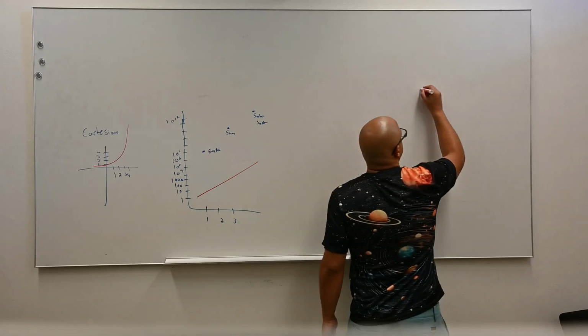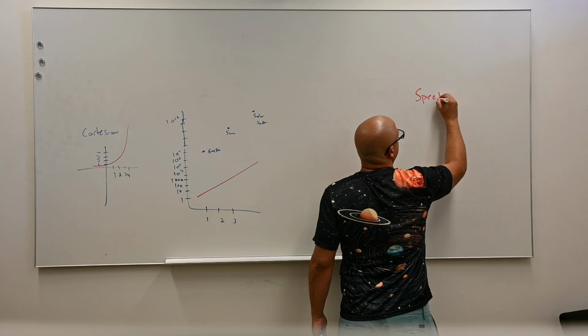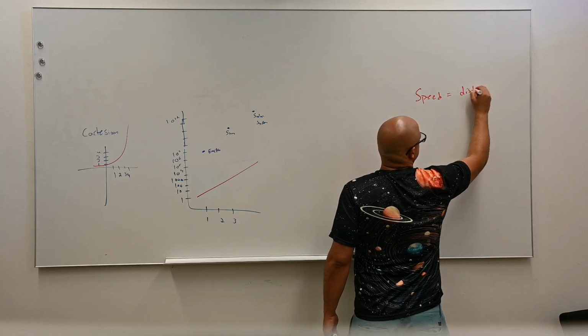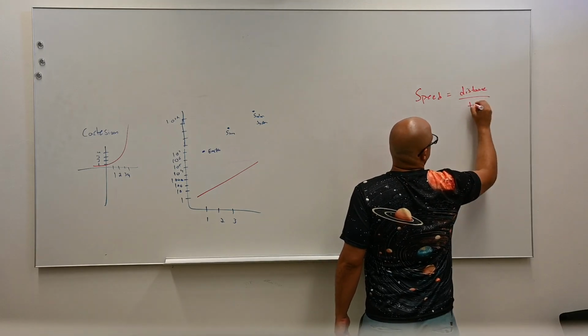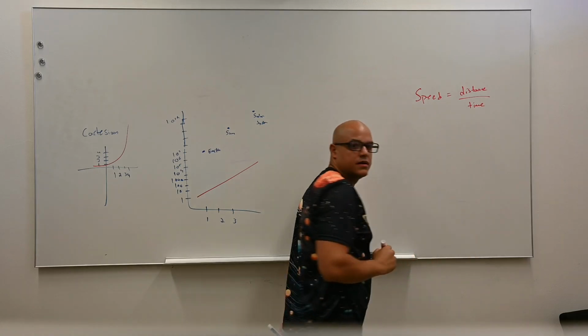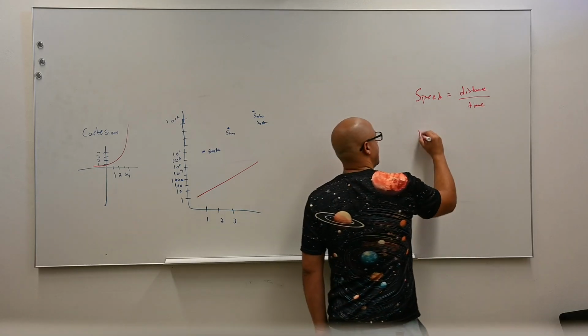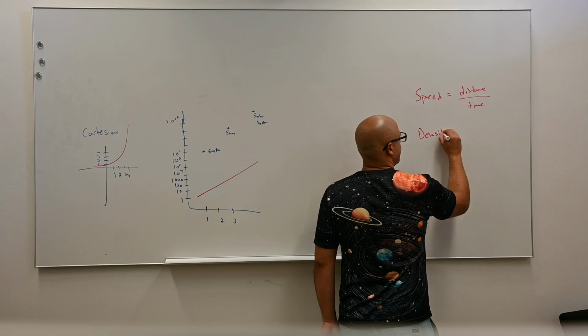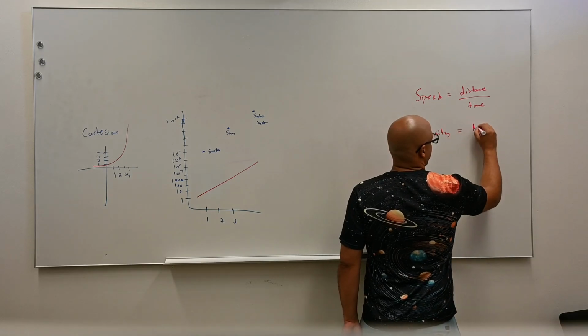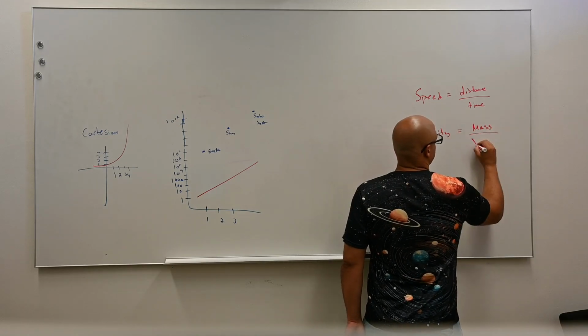So if I write speed is distance over time, and density is equal to mass over volume.